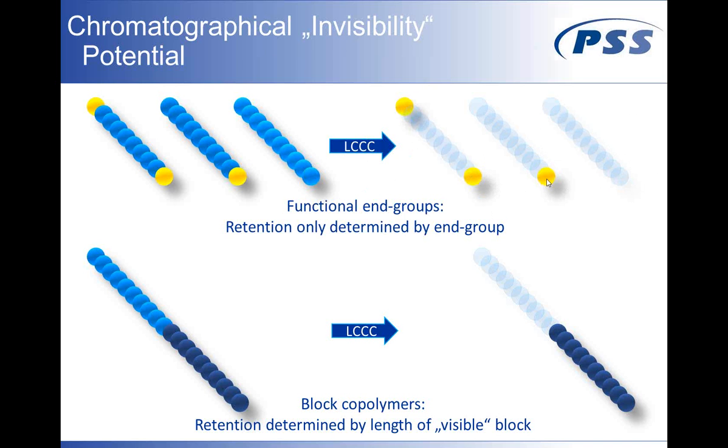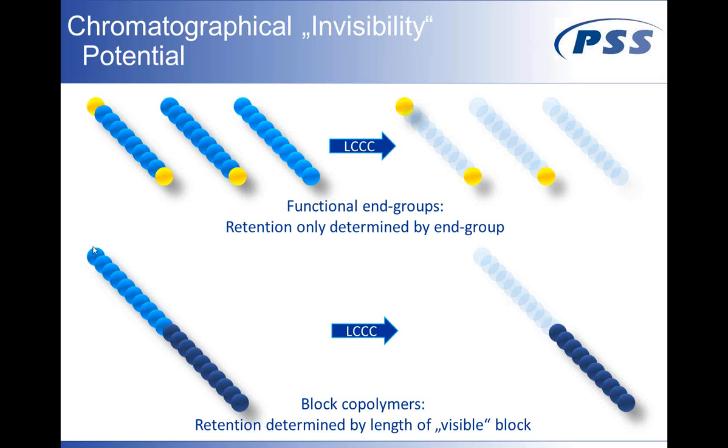Another way to use critical conditions is with segmented polymers or block copolymers. Again, I would like to know the molar mass distribution of one block of a block copolymer, for example. In size exclusion or in adsorption mode, I have no way to look individually at this block.